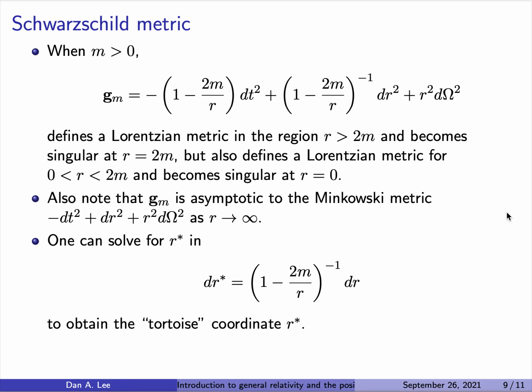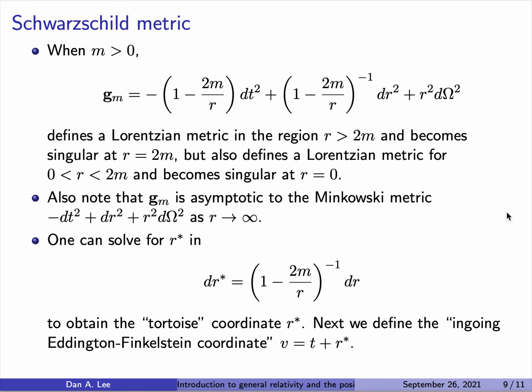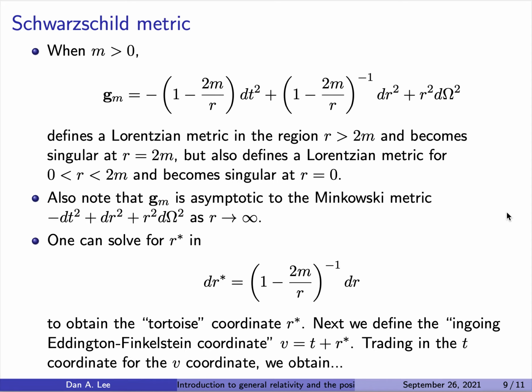The reason why I'm going to use this is we're going to define something called the ingoing Eddington-Finkelstein coordinate by the formula v equals t plus r star. What we're going to do with that is trade in the t coordinate for the v coordinate. Right now our coordinates are t, r, and some coordinates on the sphere, and I'm going to switch that so that now it's v, r, and some coordinates on the sphere.